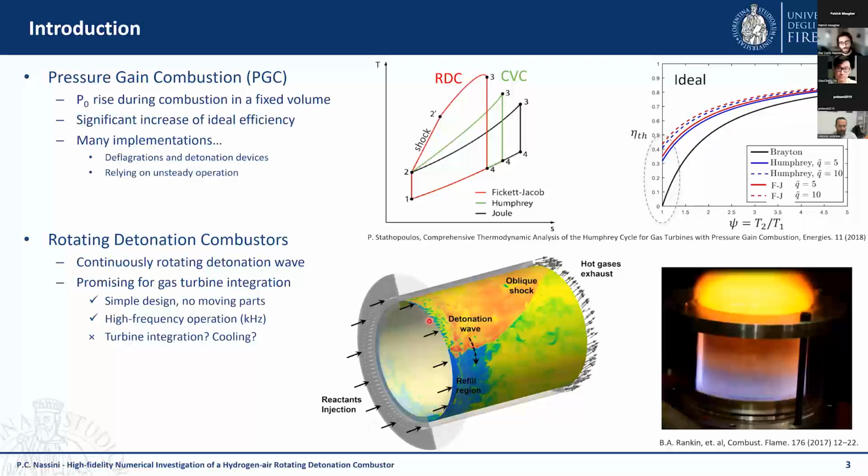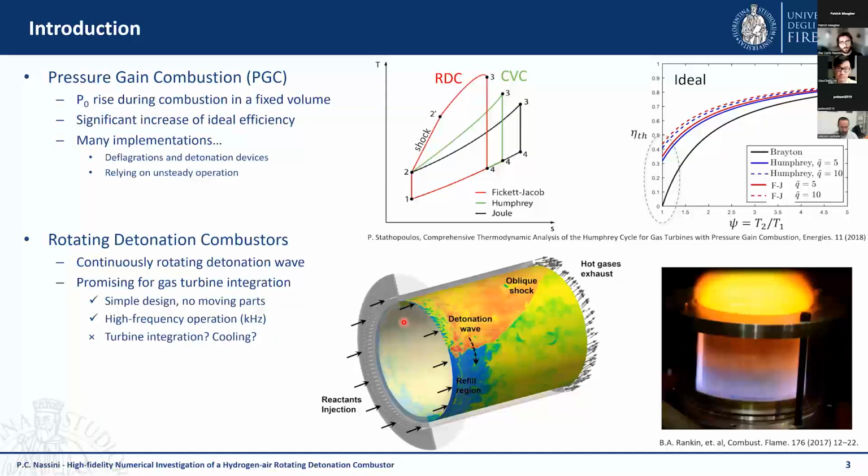In a rotating detonation combustor, in case someone is not familiar with this technology, we typically have an annular combustion chamber which is fed at the base with reactants, and then they are burnt by a detonation wave which is propagating inside the combustion chamber in an azimuthal direction, so it is continuously rotating inside this combustion chamber. And of course, then we have the hot gases which are exiting the combustion chamber at very high total pressure.